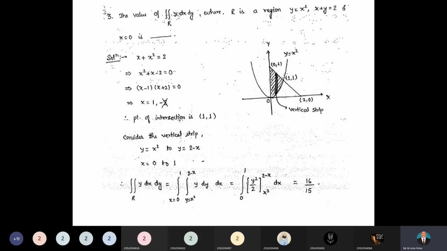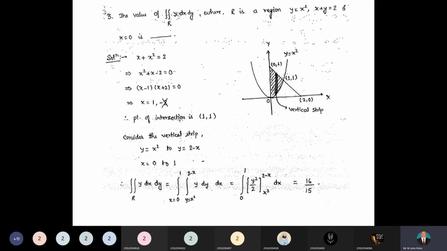So (2 minus x) whole square by 2 minus (x square) whole square, that means x power 4 by 2, will simplify. Then integrate again with respect to x and apply the limit 0 to 1. For the upper limit 1, and the lower limit is not necessary, all the values become 0. Simplify and you will get 16 by 15 as the value. So in this kind of problem, identifying the limits is the important thing.